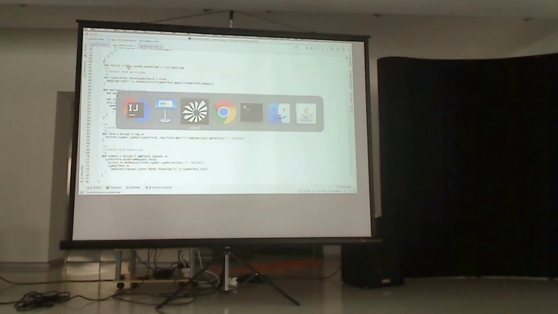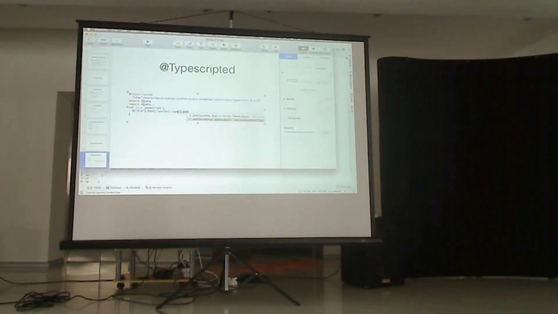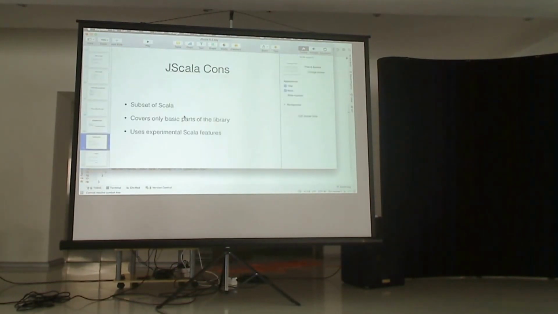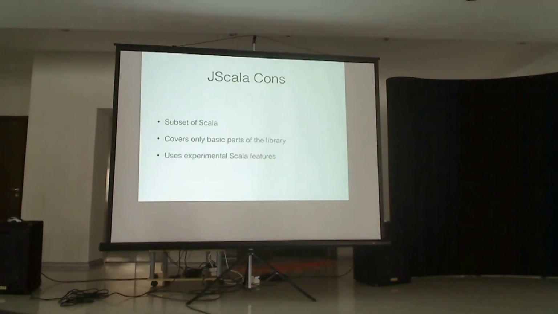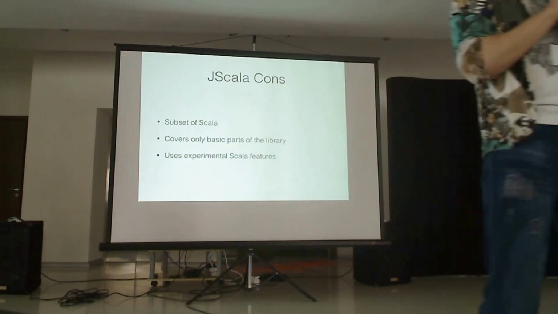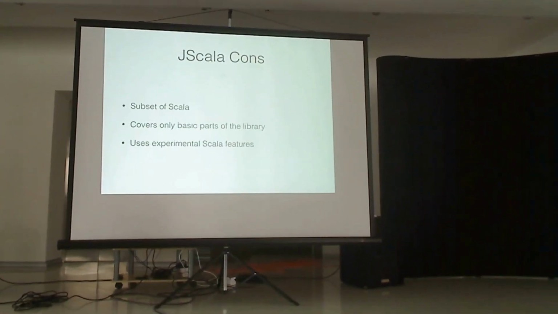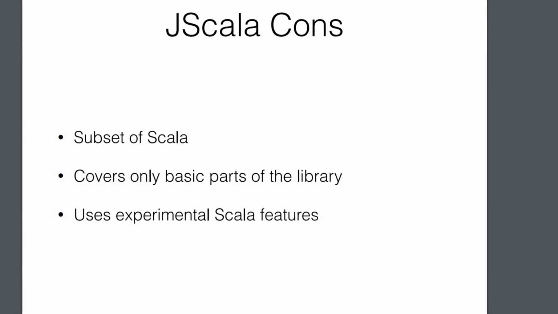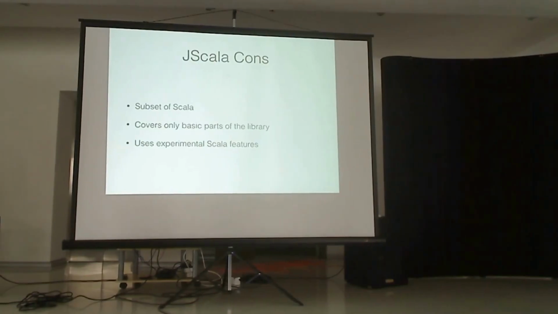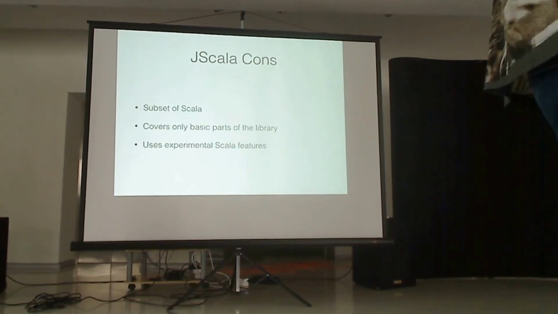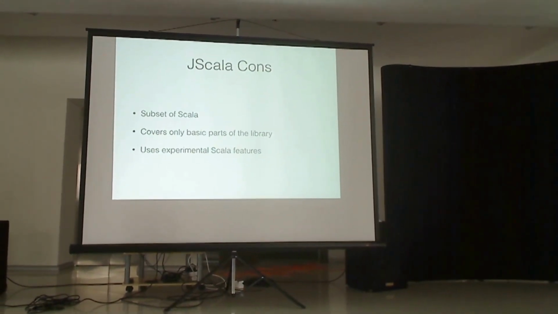Okay. Let's go deeper. So in a nutshell, that's all the features we have. We can share code, we can write Scala which gets translated to JavaScript straightforwardly, which you can use to generate the logic on the server side.